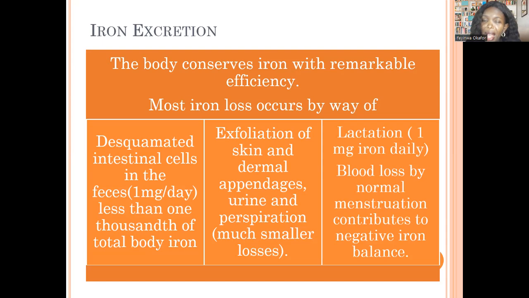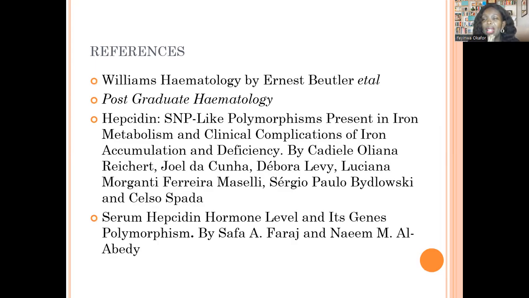Okay. I know that you've been able to learn one or two things from today's lecture. We said that the body does everything possible to maintain iron balance because our system cannot afford not to have enough iron. But in spite of that, iron absorption must be regulated. And the main protein involved in iron regulation is a protein called hepcidin.